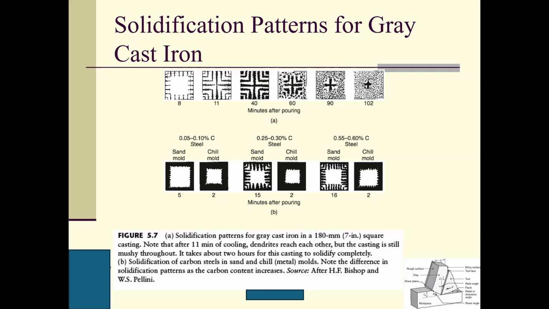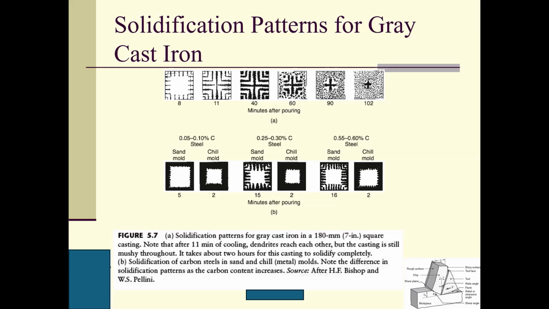For the sand mold, for this one, it looks this way. However, for this higher carbon content, they have very obvious dendrites. For another one, this is also different. And for the chill mold, for different carbon contents, we have different patterns. So that means the carbon content plays an important role.